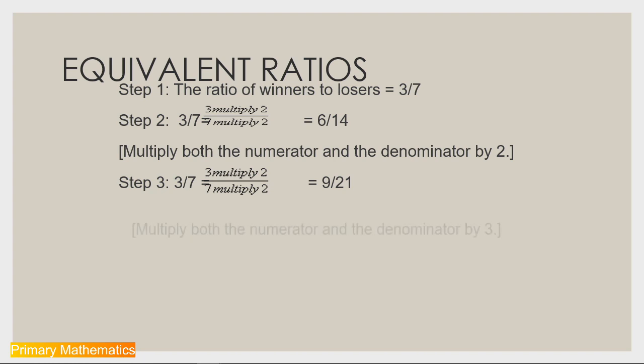Step 3. It says 9:21. There's a typing error, but we will go on. The next step, multiply both the numerator and the denominator by 3.